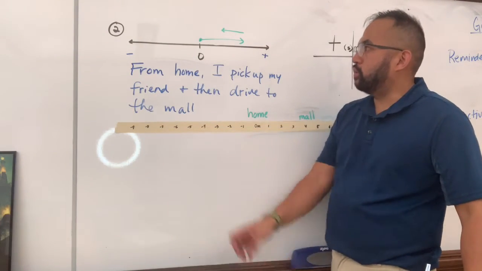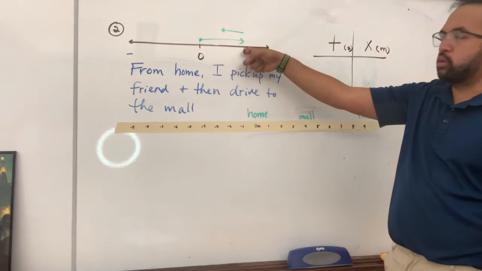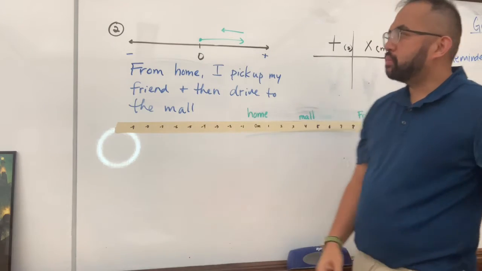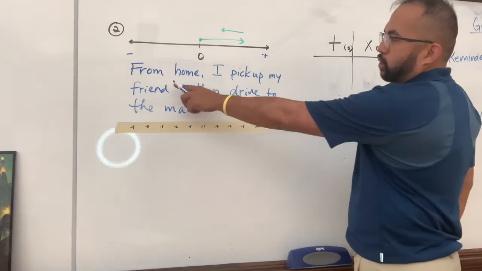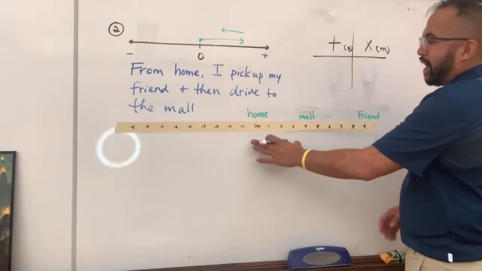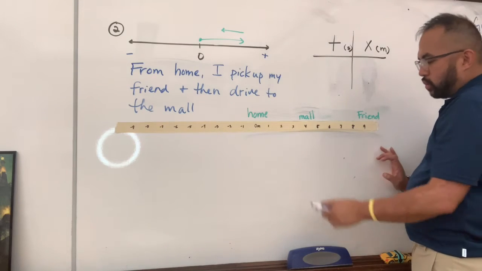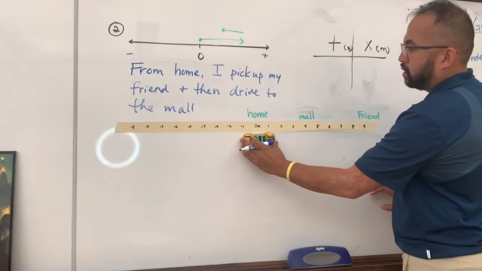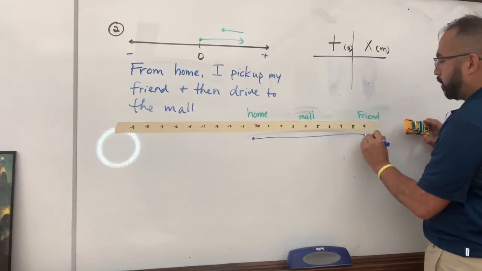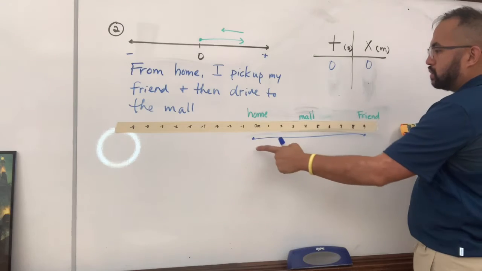So in case 2, you are starting off at home, driving to a certain point, and backtracking. When I say home, I mean 0 meters. So in this case, you are driving from home, you're picking up a friend, and driving to the mall. So looking at our meter stick, you can see that the mall is in the middle. So we're going to start off from home and drive to our friend over here. So at time 0, you are at 0 meters.